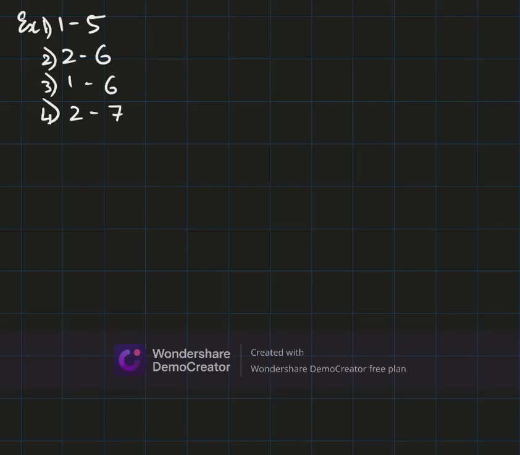I've taken 4 cases where low and high appear as even odd, odd even, odd odd, and even even. Here when we see the differences between the high and low numbers, 5 minus 1 gives 4, 6 minus 2 gives 4, 6 minus 1 gives 5, and 7 minus 2 is also 5.